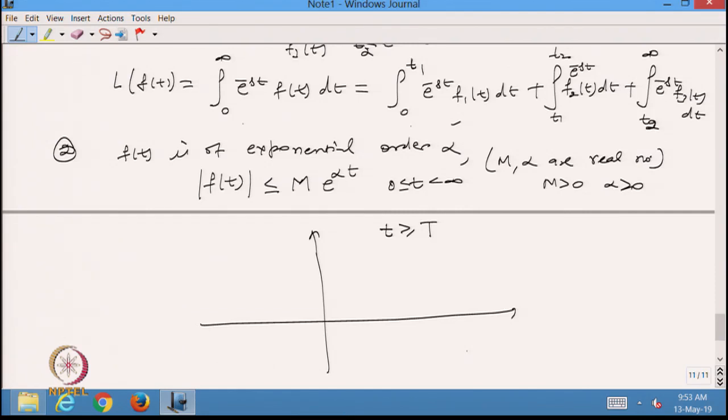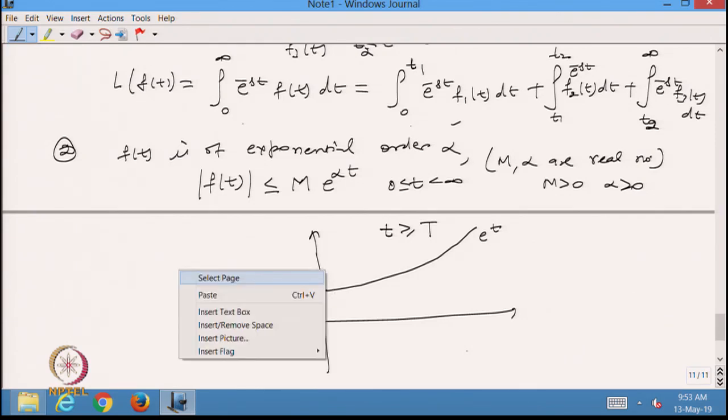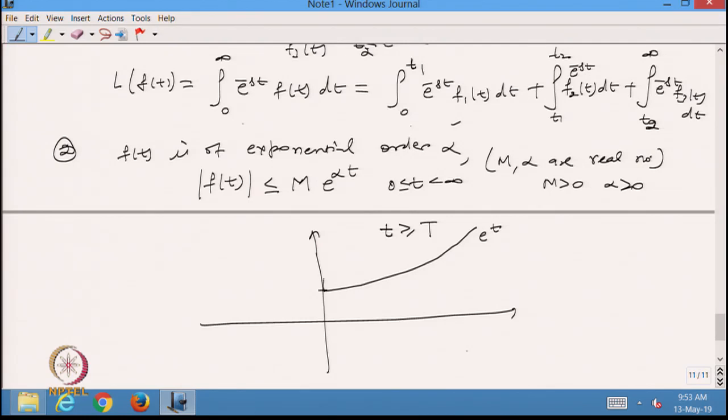Now, exponential. Let us take alpha equal to 1, so e raised to power t. At t equal to 0 its value is 1. Suppose this is my exponential function e raised to power t, and I have my f t of this type, and after some time its value is always less than e raised to power t.